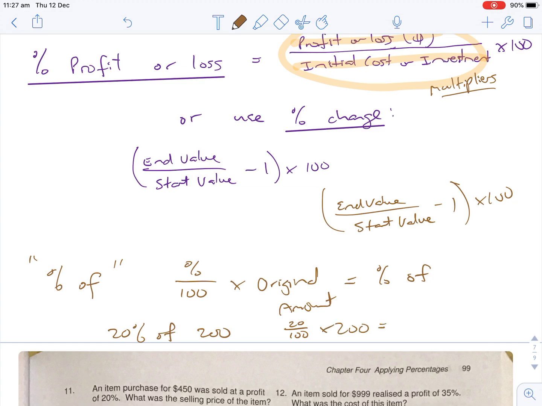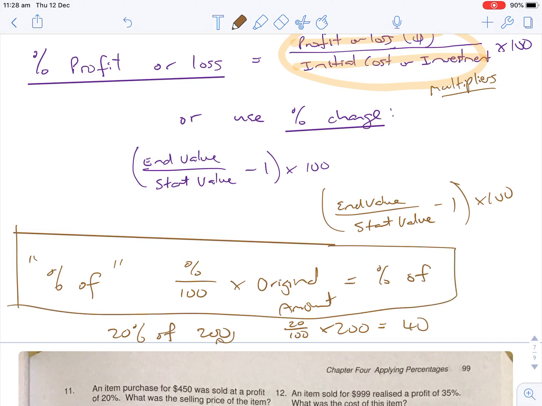And again, if I had to do that mentally, 10% would be moving the decimal one spot, so 10% would be 20. So doubling that would give me 40. I'm not increasing or decreasing, so my answer there would just be 40. That was the only other equation that we forgot, so we'll add that to your list.